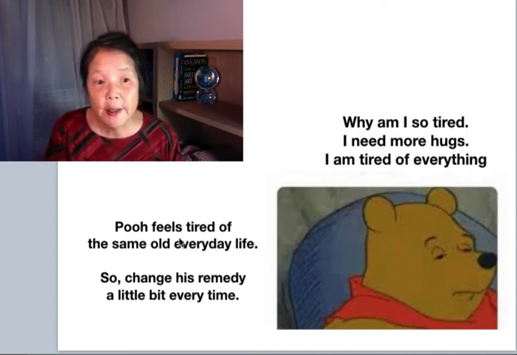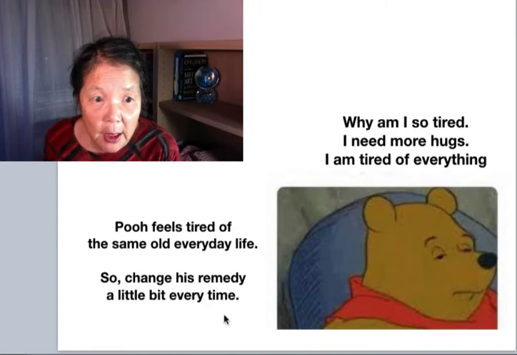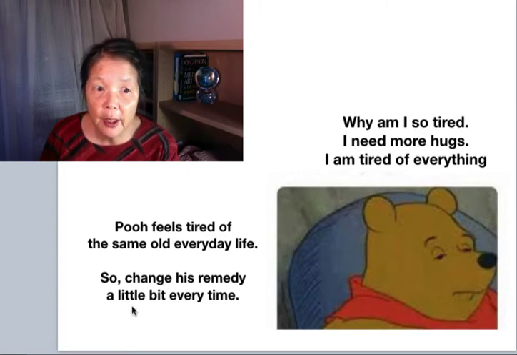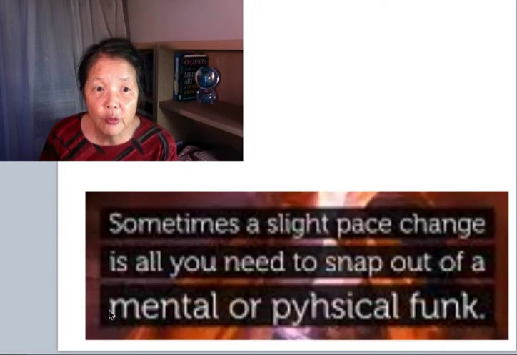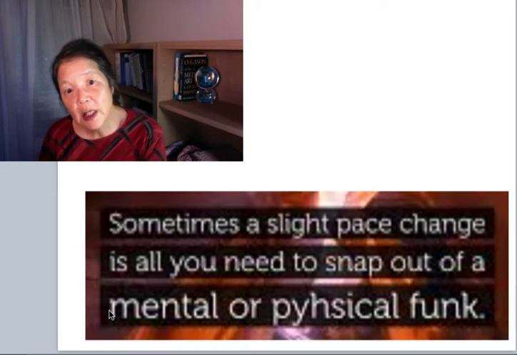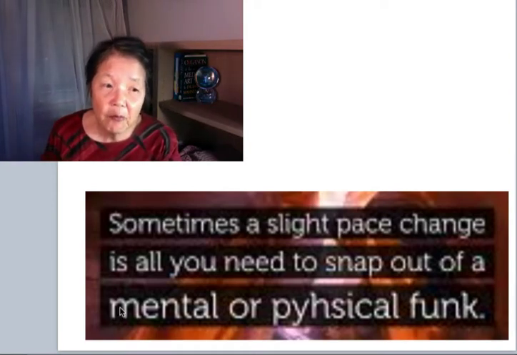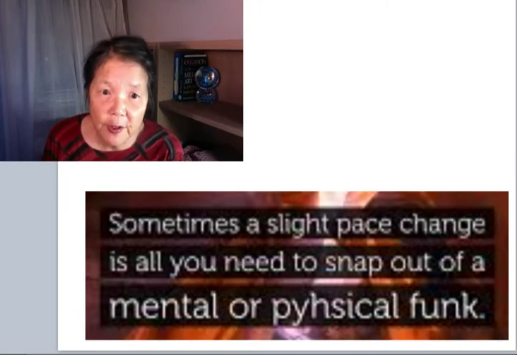That's why you want to succuss the remedy every time you take it. The basic need for change every day is true in normal life, and it's true for remedies. You just slightly change the pace in order to spark a little more energy in the vital force, okay?